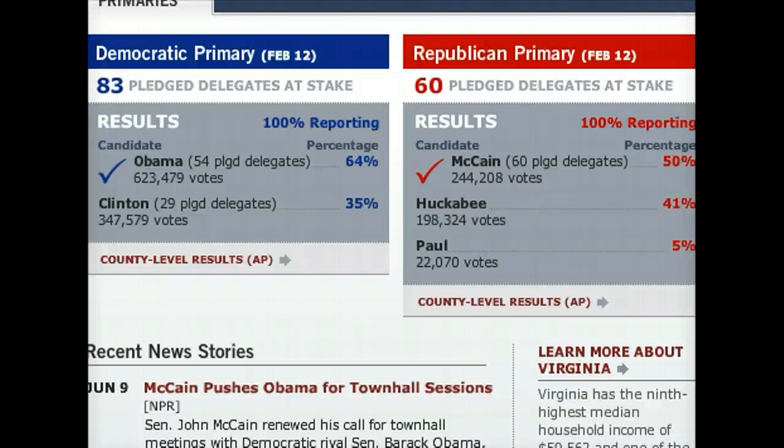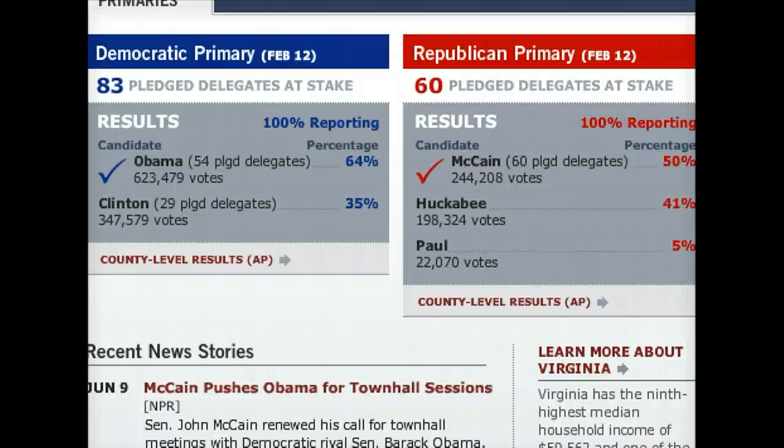So he received 64%, or that portion of our delegation. Clinton received 35% of the vote. So she received 29 pledged delegates that go on to the National Convention and voted for her to be the nominee for the Democrats. Republicans do it winner take all.